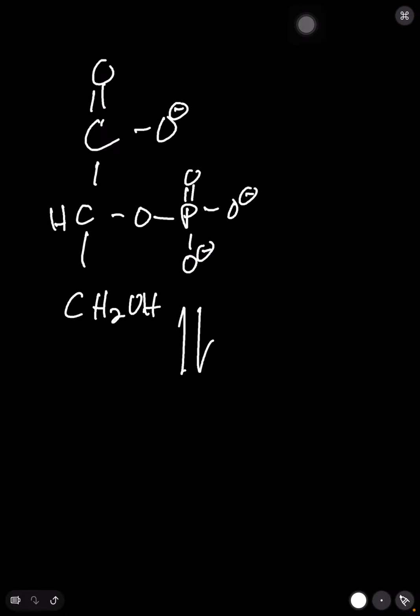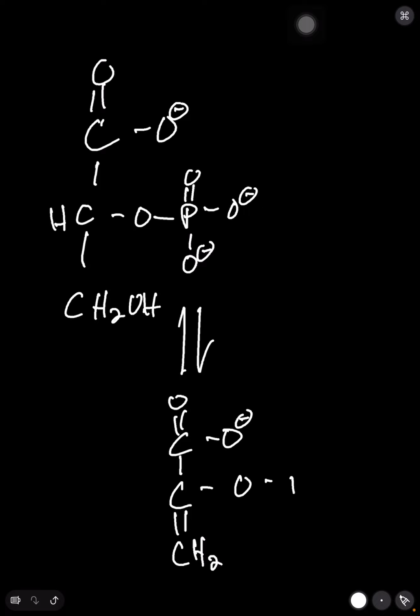We're going to convert it into PEP, phosphoenol pyruvate. Magnesium as a cofactor, and then you have enolase. The important thing to remember about this one is that this is essentially a dehydration.